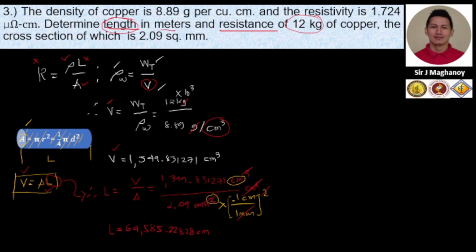But wait, we are tasked to determine the length in meters. So we only need to convert centimeter to meter, where every 100 centimeters is 1 meter. Finally, our length is equal to 645.8522828 meters.